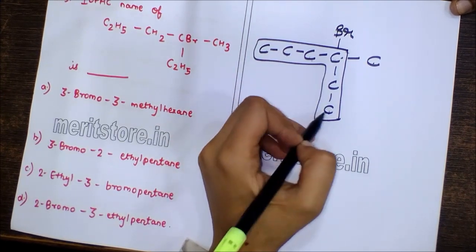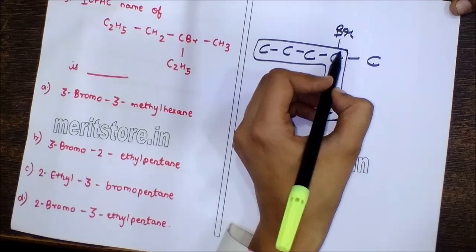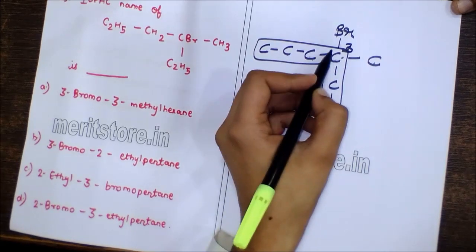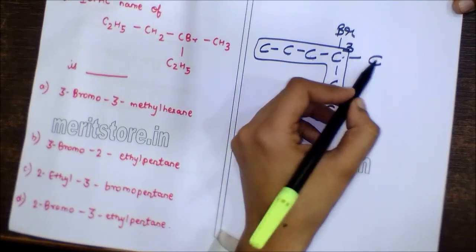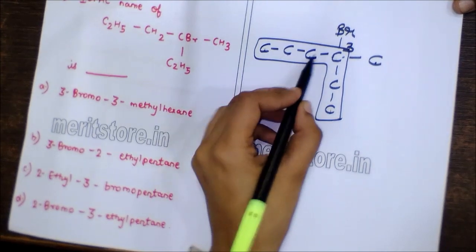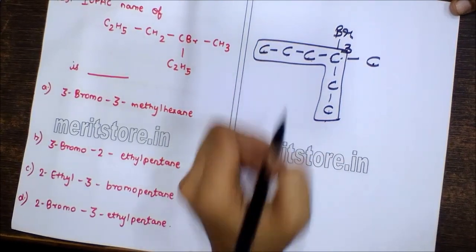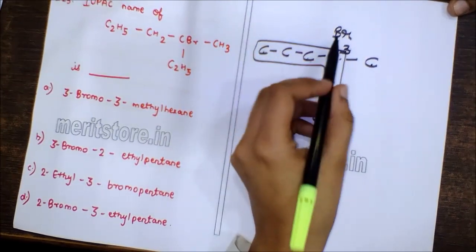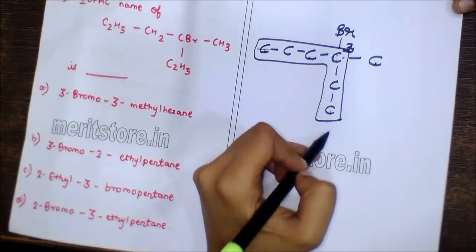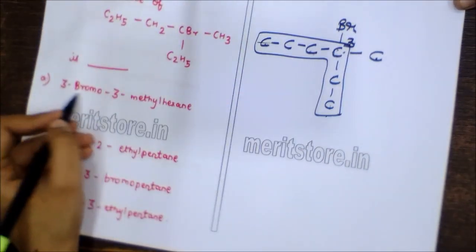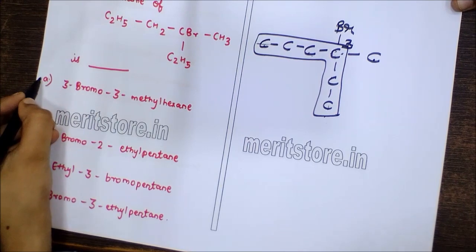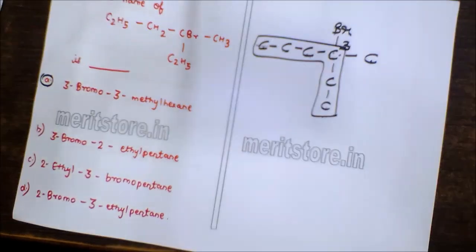The smallest number is 3, so we count from here 1, 2, 3. So this will be 3-bromo, 3-methyl, and six carbons is hexane. So 3-bromo-3-methylhexane. Option A is my 3-bromo-3-methylhexane. Therefore, option A is my correct answer.